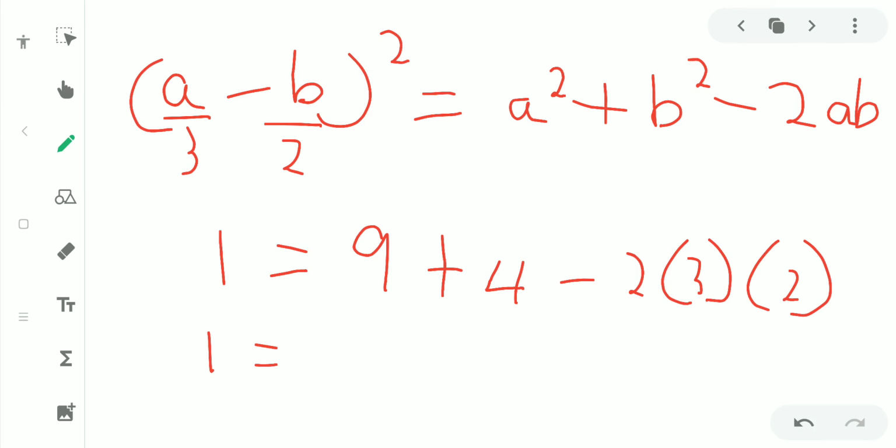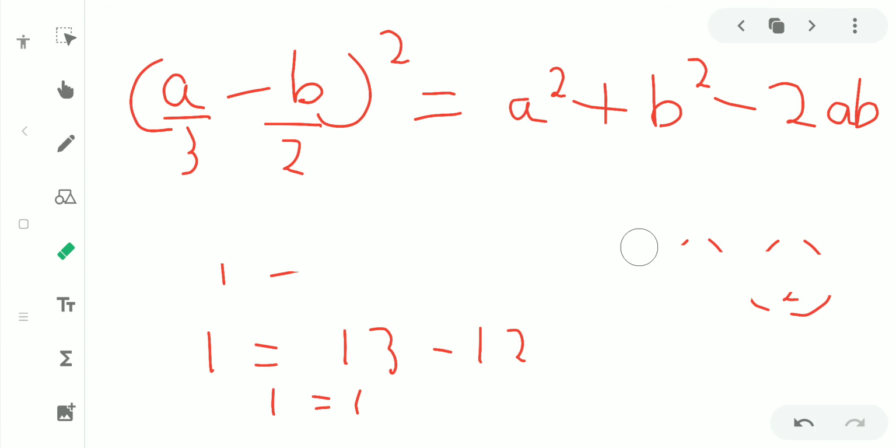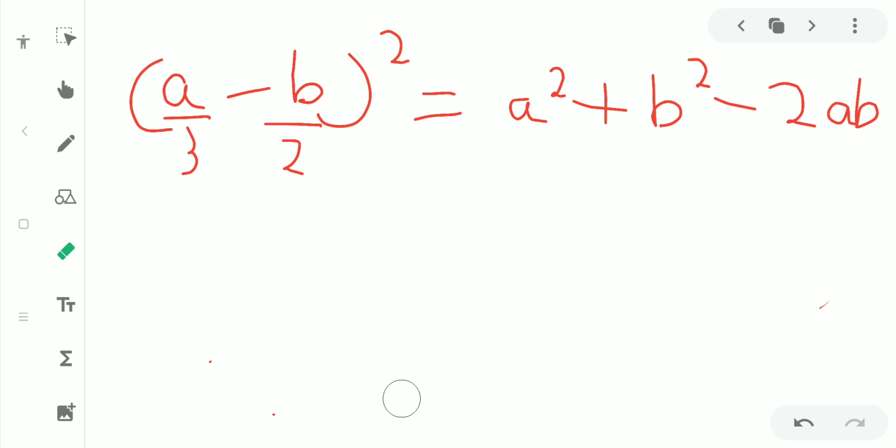So we will get 1 is equal to 9 plus 4 13. 13 minus 2 3 6 and 6 2 is 12. So we got 1 is equal to 1 where LHS and RHS satisfies. Okay, this is the formula. I would let you know. So we will be doing a video on formulas.